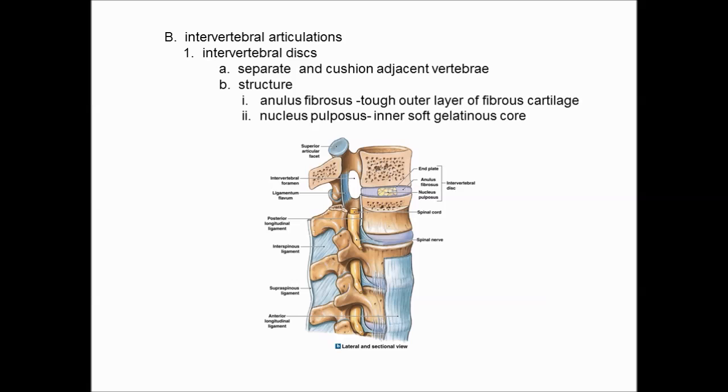We'll talk about it more in another section of the class, but each of these discs has an annulus fibrosus, which is a fibrous outer layer, and a nucleus pulposus, which is an inner gelatinous layer. So they're not just a pad of cartilage, but they're complex in structure and can often be part of pathology.